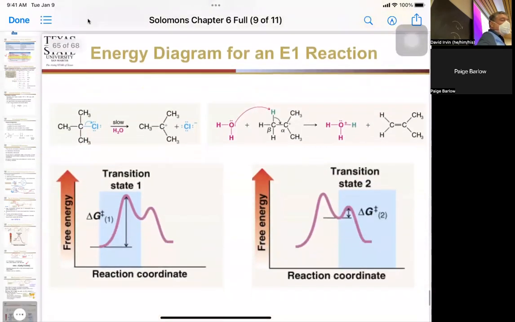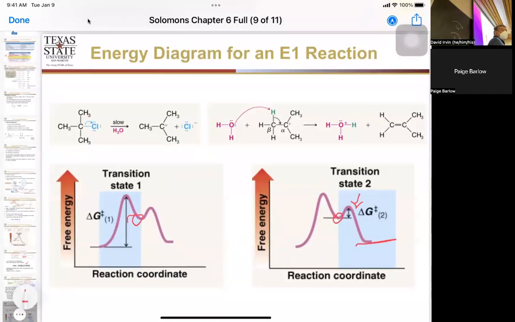Okay, so if we compare and contrast, first order rate law, second order rate law. The first transition state gets us to our carbocation, our intermediate here. And then our second transition state here is much lower in energy, meaning it's faster, and therefore goes to products.